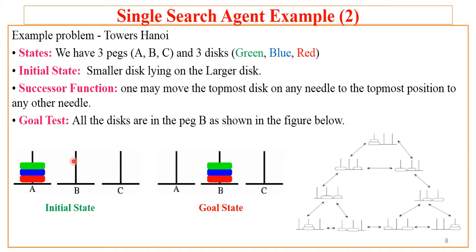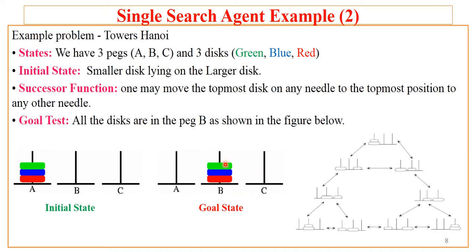What is the successor function? The successor function helps us move the topmost disk on any peg to the topmost position on any other peg. That means we are moving from one peg to another peg. Here the pegs are A, B and C, so you can move this green disk to either peg B or peg C. But the ultimate goal is that all these disks which are at peg A should be placed in the same sequence on peg B. It is represented here.